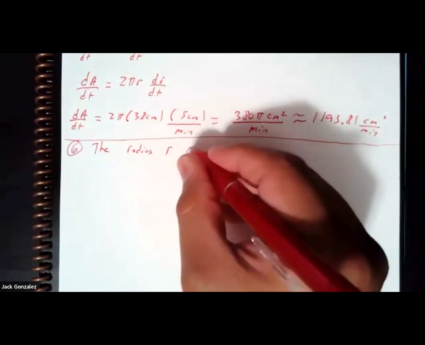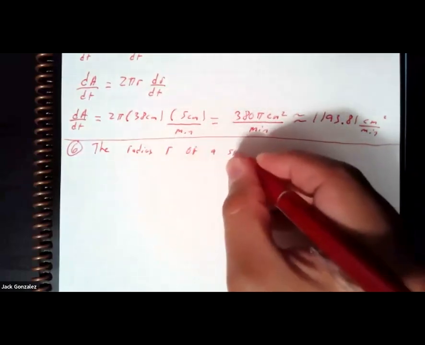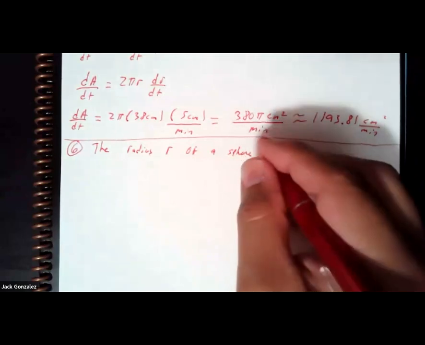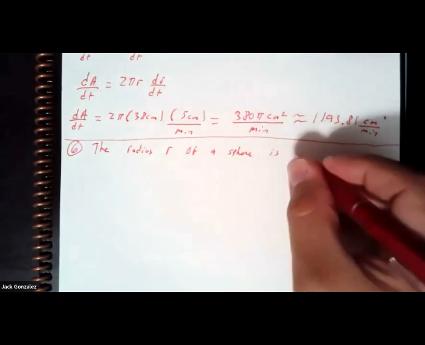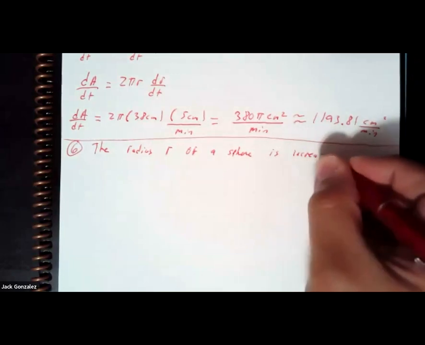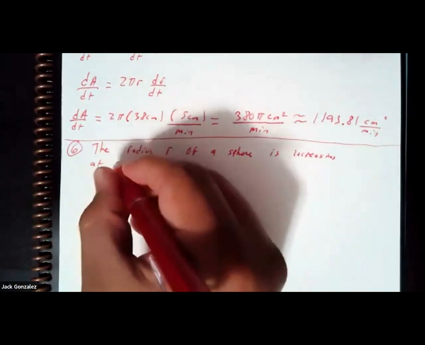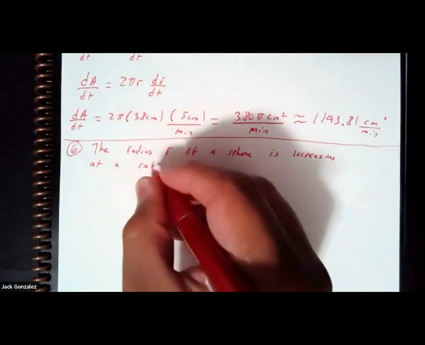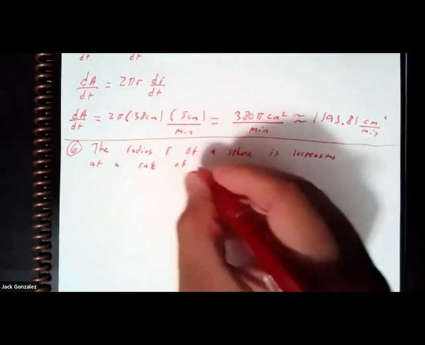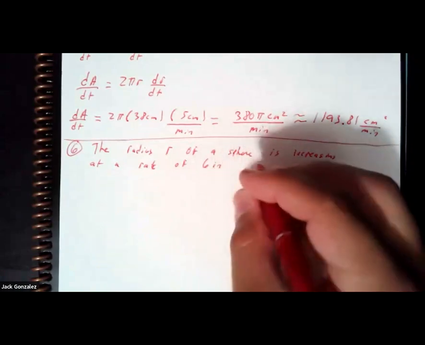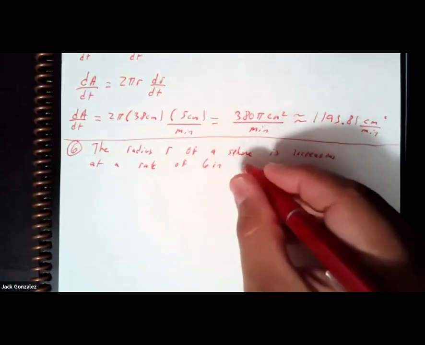The radius r of a sphere is increasing at a rate of 6 inches per minute.